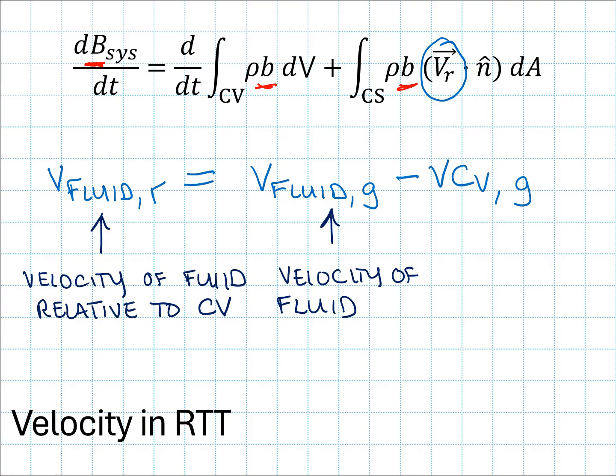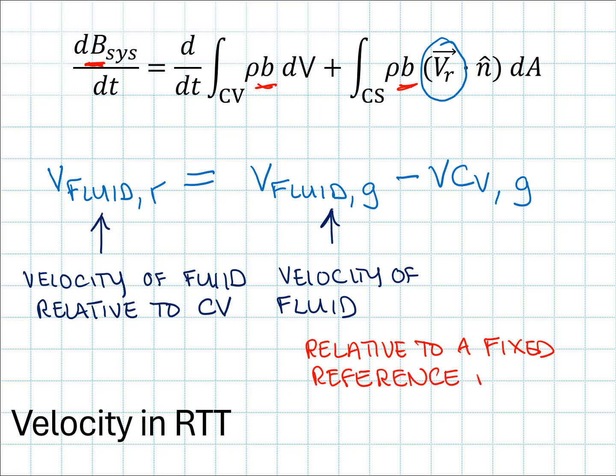But this time, this is the velocity of the fluid relative to some fixed reference point, like the ground. And then our final term is the velocity of the control volume and the speed that it's moving relative to the ground.